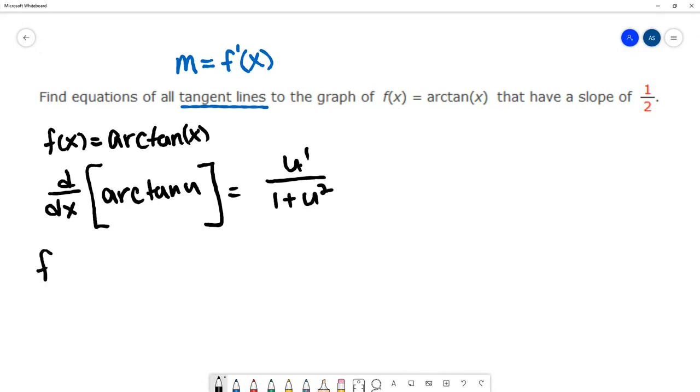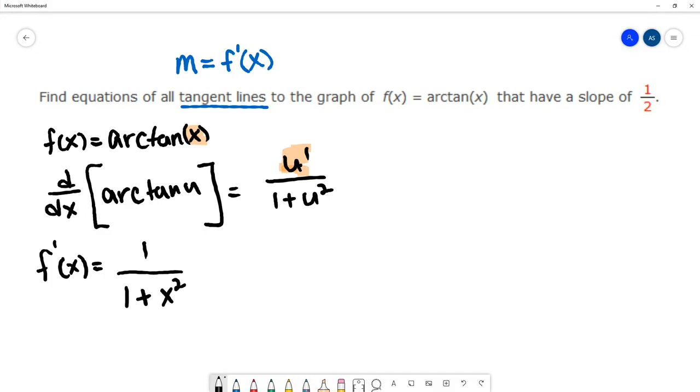So the derivative of arctan x, where x is our inside u, is: the derivative of x is 1, so that's 1 over 1 plus u squared, that's x squared. So we have the derivative.